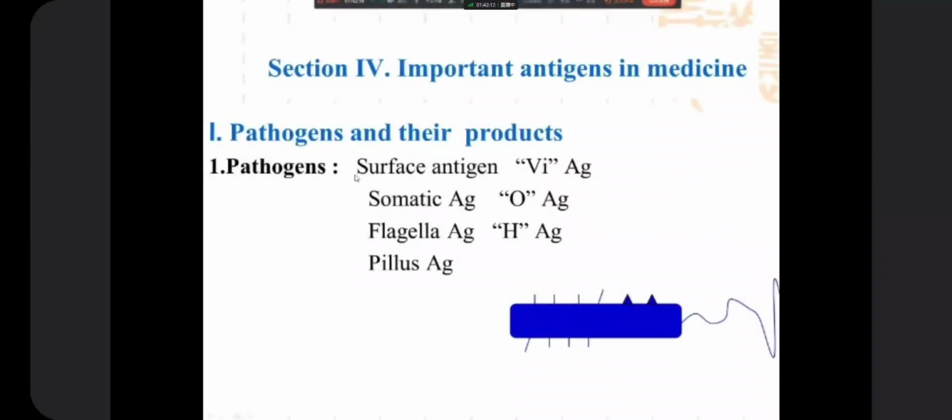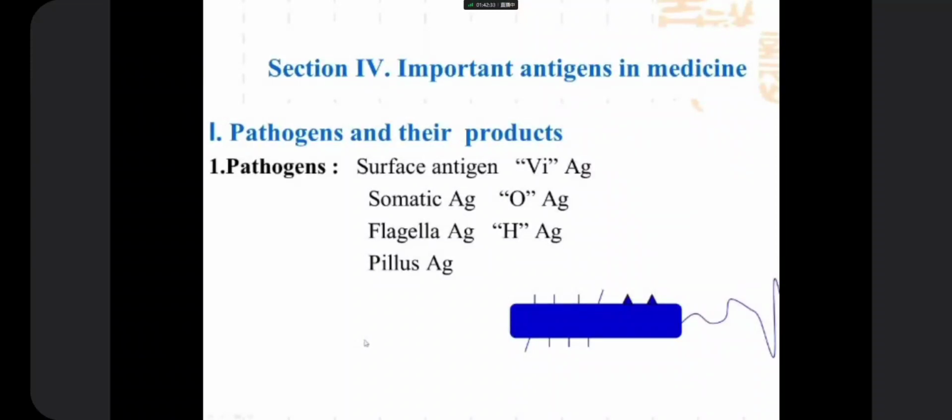The antigens on the surface of the pathogens, for example: surface antigen, Vi antigen, somatic antigen, abbreviated O antigen, flagellar antigen, abbreviated H antigen, and the pilus antigen.